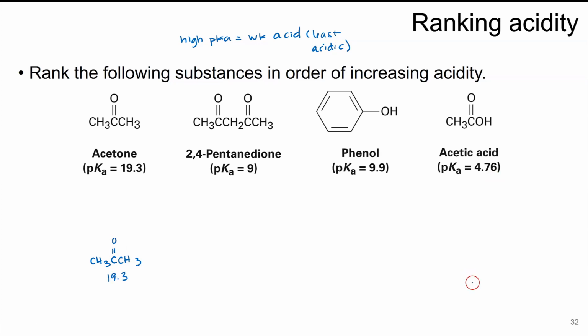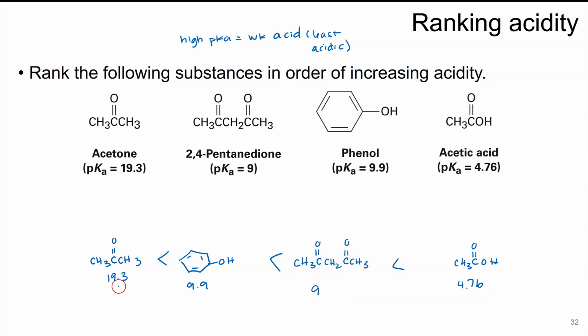The strongest is 4.76. Then 9.9, the phenol, is next, and then the pentane dione. So we can just move these from highest pKa to lowest pKa. This is least acidic. This is most acidic.